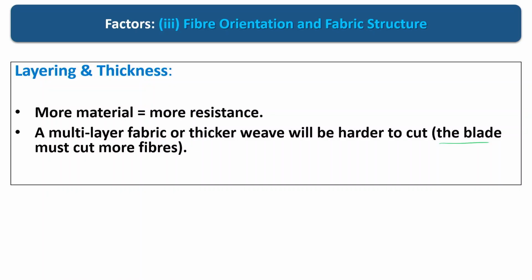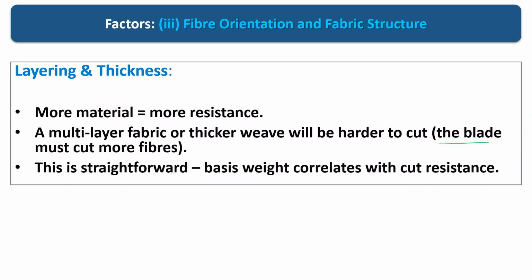And this is the straightforward assumption, basis weight correlates with the cut resistance. So, for getting better cut resistance we must have thicker fabric, because in thicker fabric with higher mass per unit area, the blade has to cut more number of fibers.